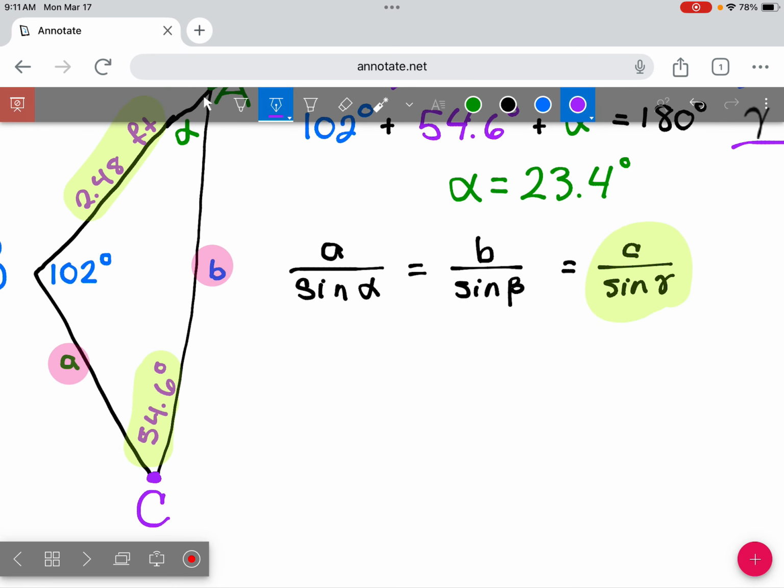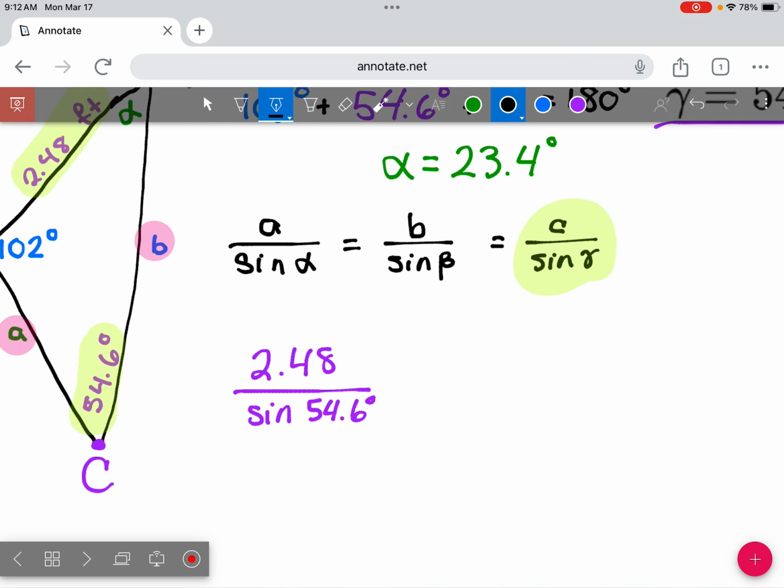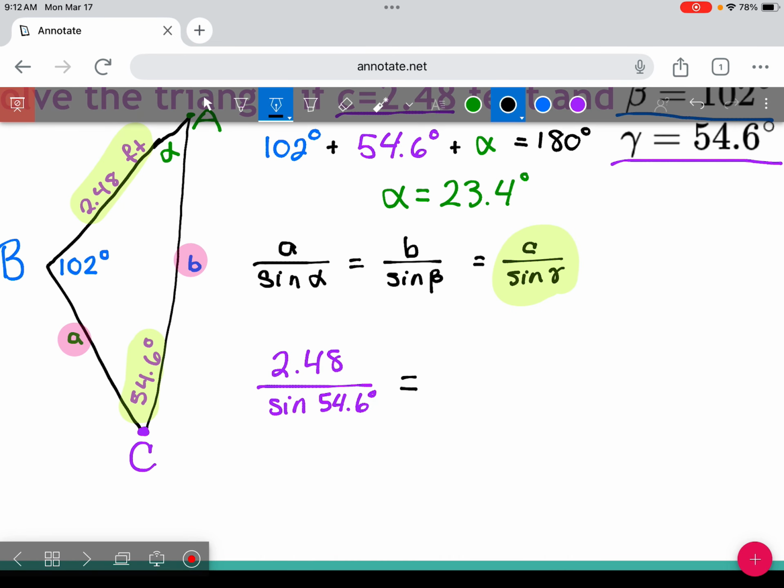I can build that one as 2.48 feet over sine of 54.6 degrees. Now I know my angle for alpha to find my side A, or we can do our angle for beta to find side B. It doesn't matter which one we do, but we're going to have to do both. I'm going to go ahead and do beta.